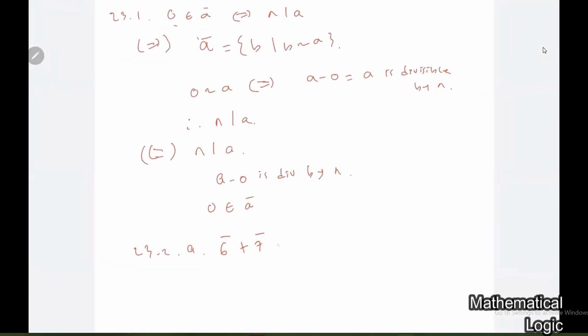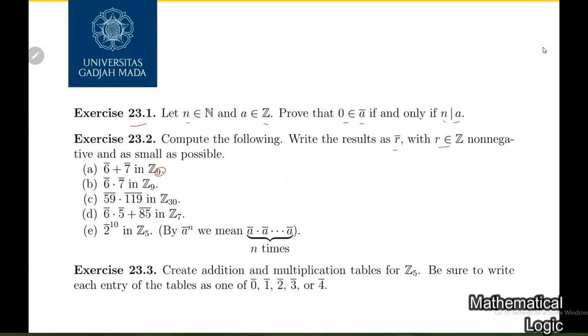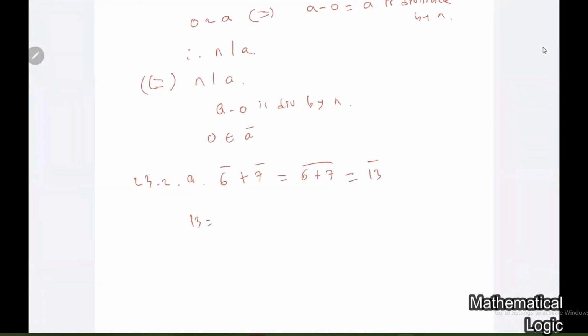So this one is equal to 6 plus 7 bar. 6 plus 7 is 13, right? And here we know that 13, because this one is Z9, will be 1 times 9 plus 4. So this one will be equal to 4 bar.